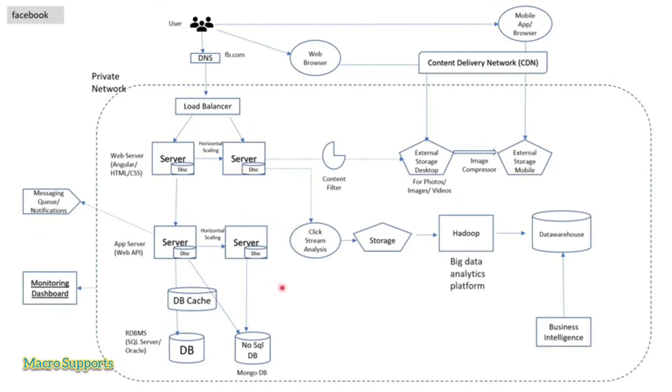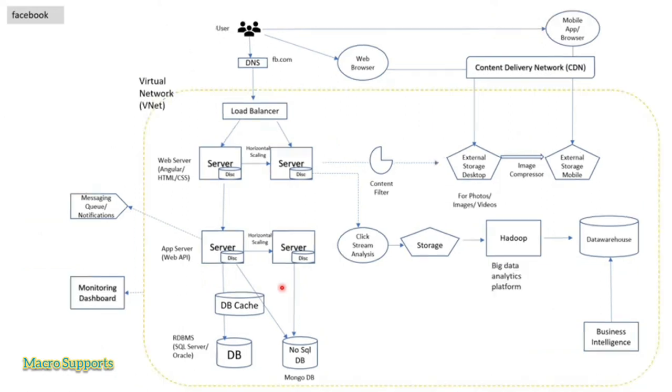This is all about the architecture of an application, which is mostly similar in all other big applications. If you understand this, then it is very easy to understand Azure services. So let's start replacing all the on-premise services with Azure services.